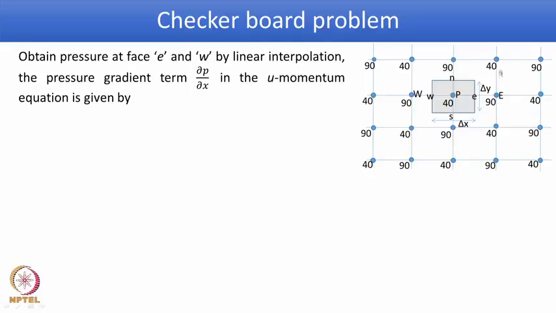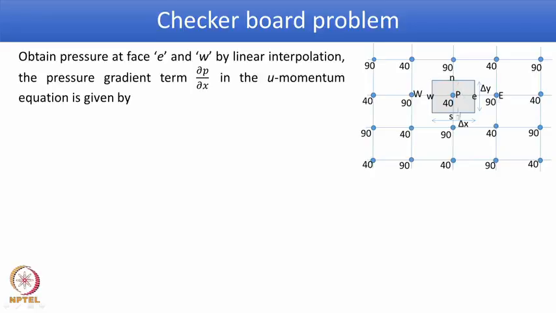In this slide, what is shown in this figure is a computed pressure distribution on a co-located arrangement. A particular control volume or the pressure cell is shown in the shaded portion. P is a node of interest. For example, west node and west face, similarly east face and east node are shown.